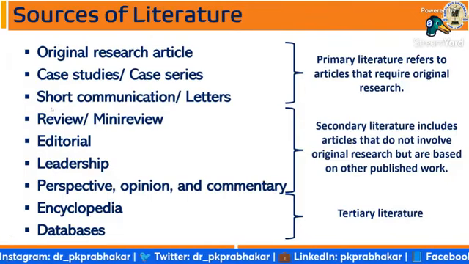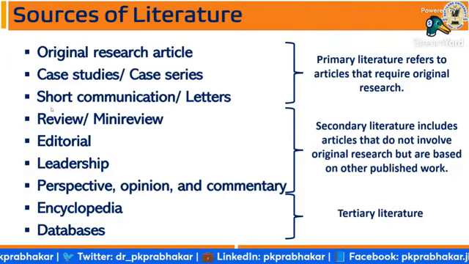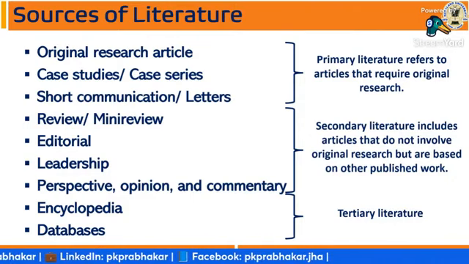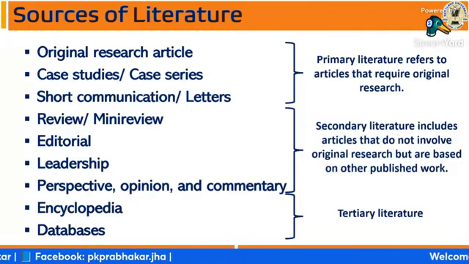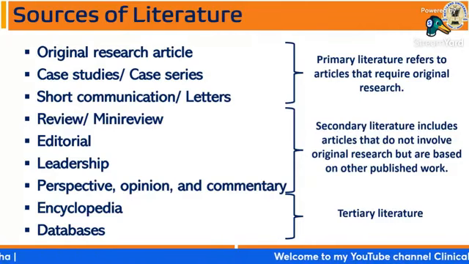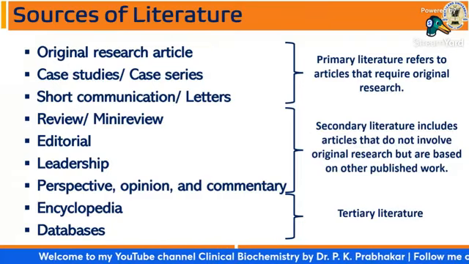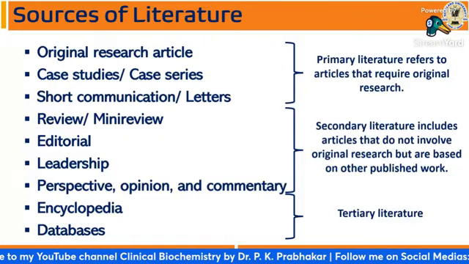Then we have secondary literature, which normally does not contain information from our own experimental data, but is mainly based on the primary literature. So we take already published papers, we analyze them, we summarize them, and then we publish. That is called secondary literature, like mini reviews, meta reviews, editorials, leadership, perspective, opinion, commentary.